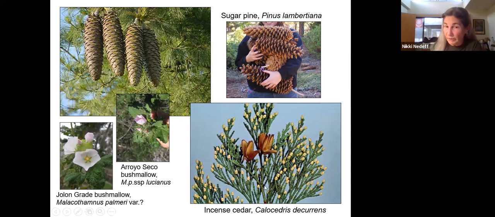But we also have weird stuff like these bush mallows. These bush mallows don't occur anywhere else on the planet except for around the Santa Lucia Range.